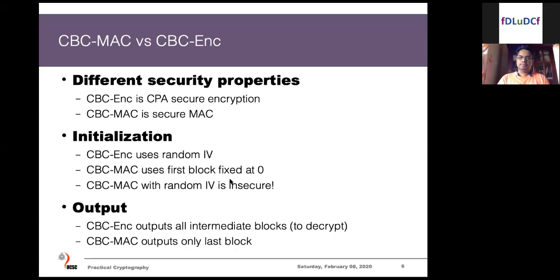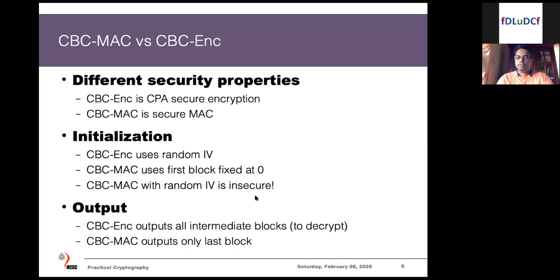For encryption we use a random initial vector. When you want the message authentication calculation, we execute our data in CBC mode with the initial vector 0. MAC goes with the initial vector 0. If you use a random initial vector to calculate the MAC, it's considered insecure.